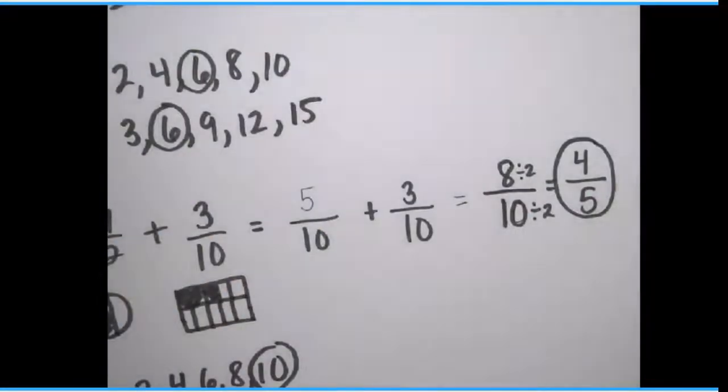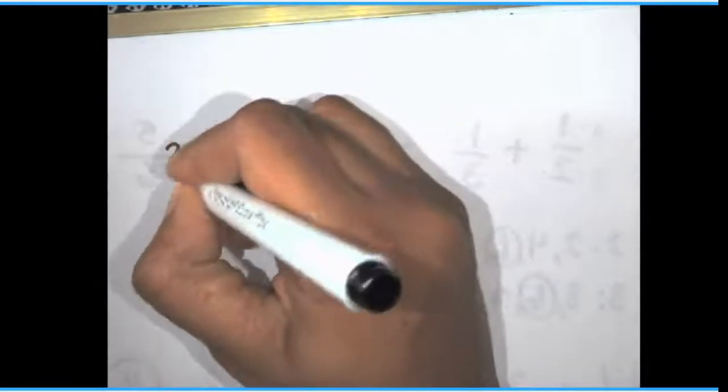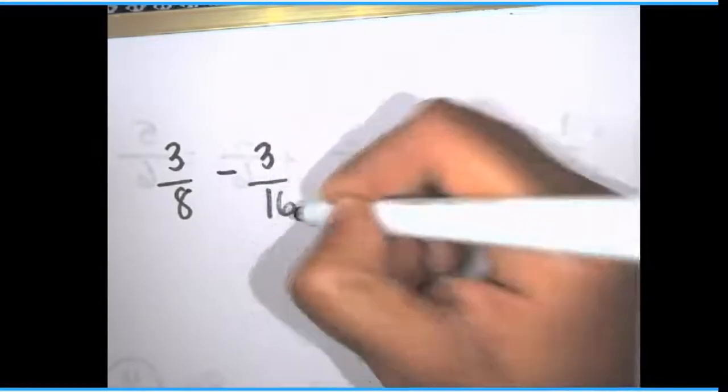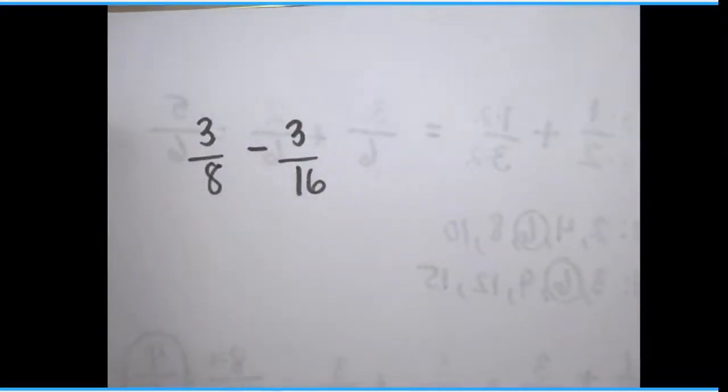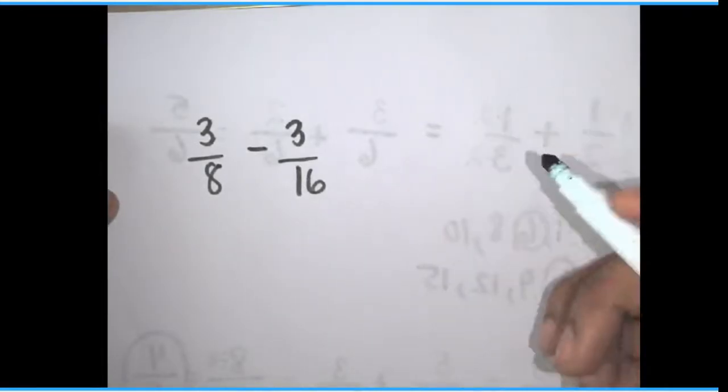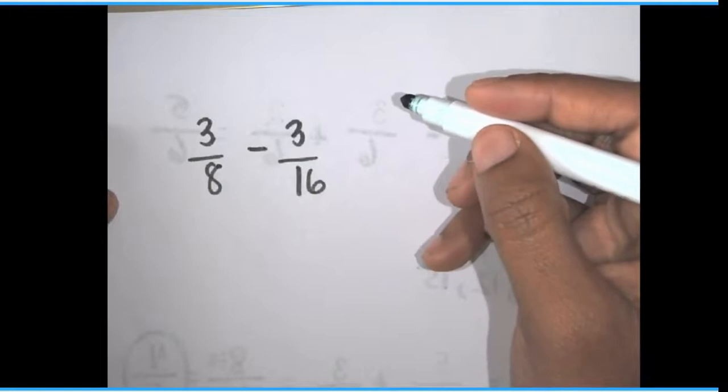I'm going to go a little bit quicker now. Okay, so now let's go on to number 5. So for number 5, we have 3/8 minus 3/16. And so for this one, again, they're not speaking the same language, so we've got to find their common denominator.